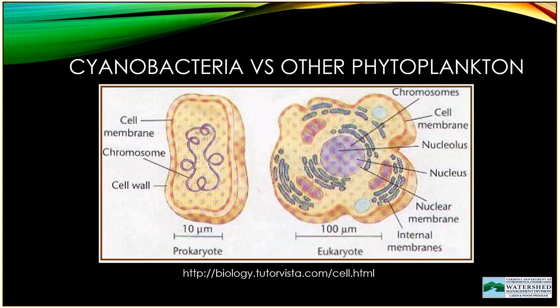And the difference between cyanobacteria and the other phytoplankton, the other algae, really comes down to its internal organization. Cyanobacteria and bacteria are prokaryotes. If you were to look at their cells underneath the microscope, you would see a homogeneous granular appearance. There's no membrane-bound organelles within those cells.